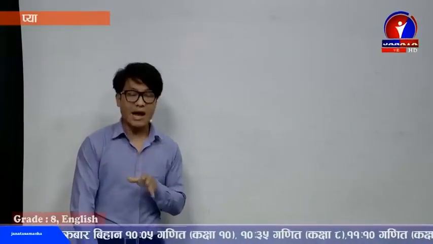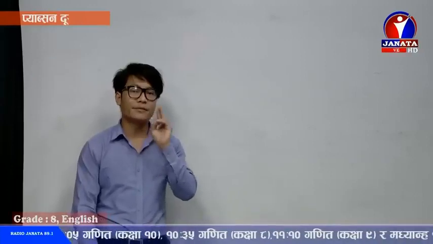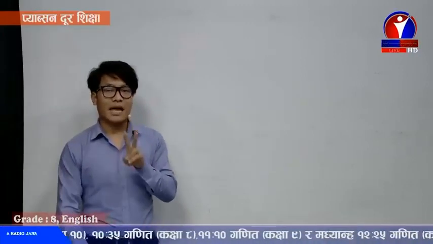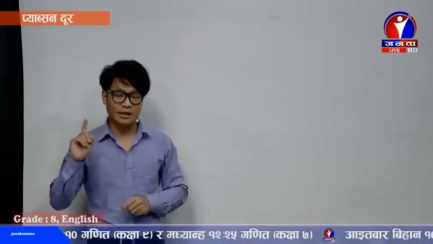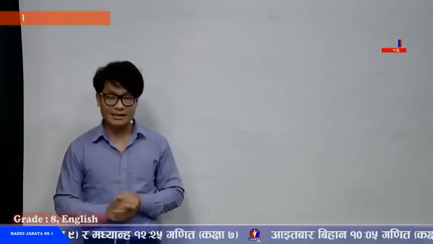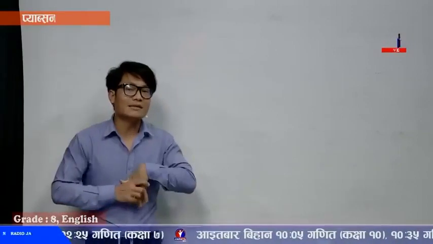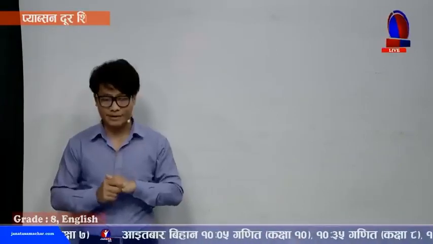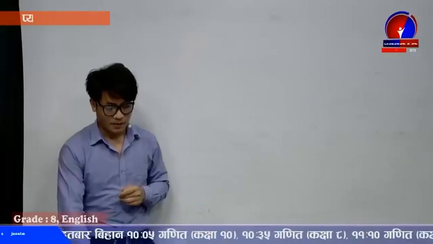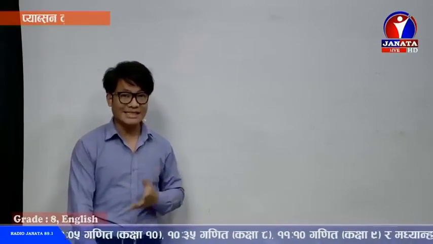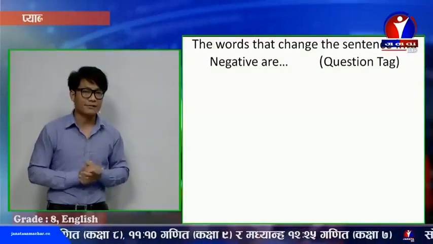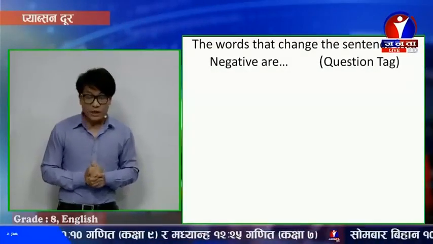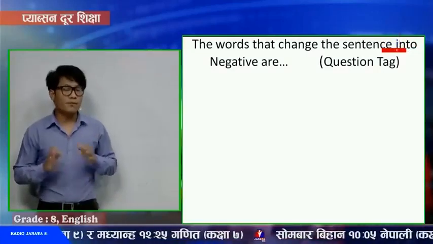Now, at the beginning, I told you that only two types of sentences can be used as question tags. One is assertive and the other is imperative. Now let's see what kind of sentence is called assertive and imperative. But before that, let's see some words which change the whole sentence into negative, because this is very important for us.